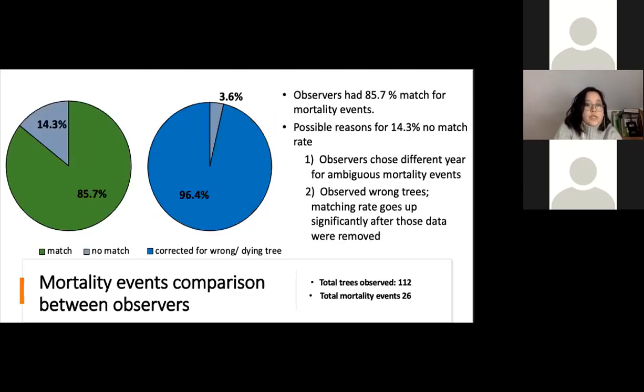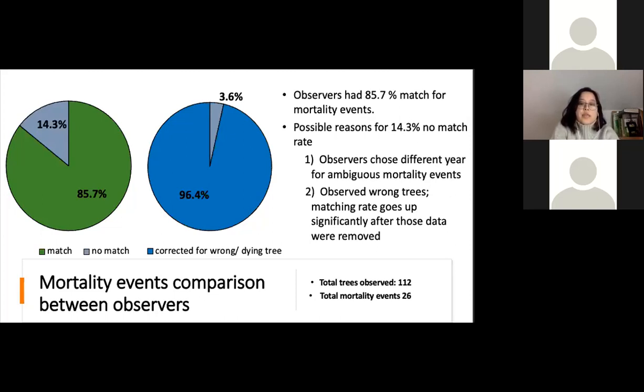So finally, we determined the consistency of what we call event identification. That is when a tree is dead, missing, or replaced. So of the 26 total mortality events identified, observers had an 85.7% match, shown in the left pie chart. While this is quite high, there are a few possible reasons for the mismatch of about 14% of the event years.